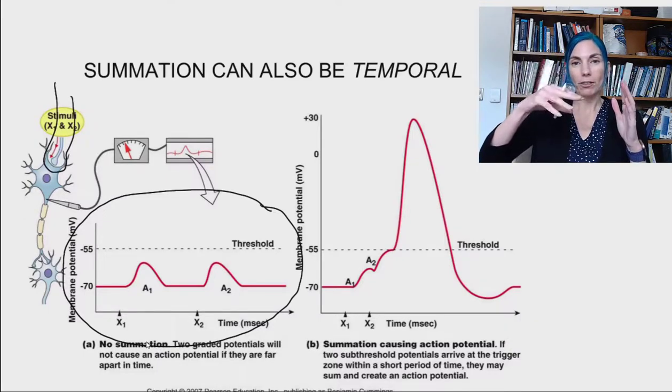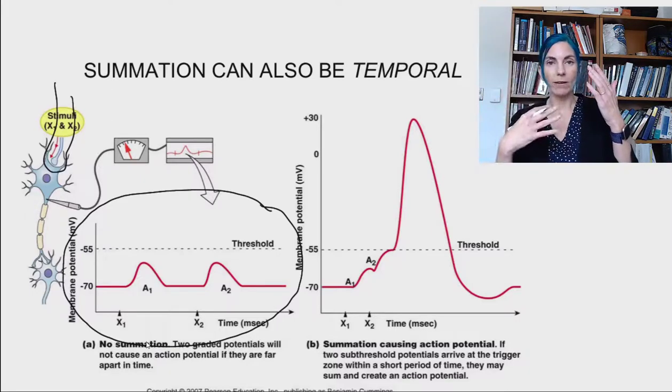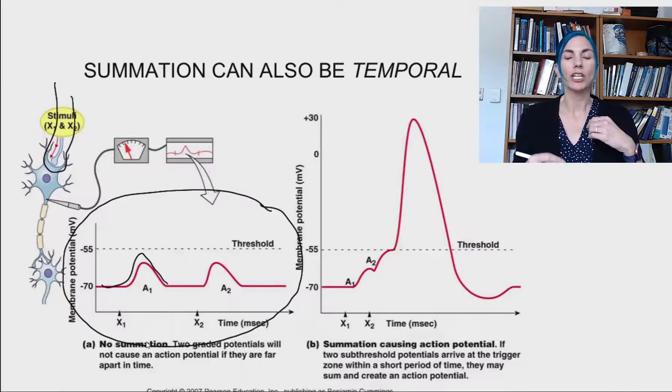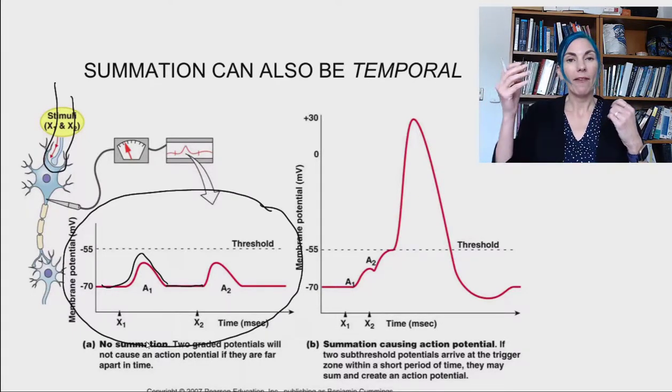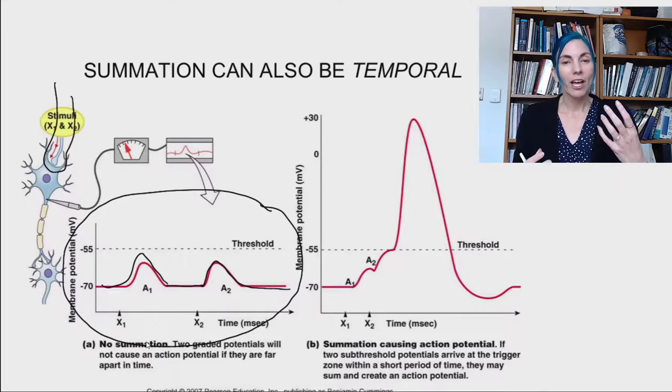So it fires a neurotransmitter, and that brings in sodium to the postsynaptic cell, and you get this little blip here of depolarization, but it rapidly dissipates, and then you return to rest. And then the presynaptic neuron fires again, and you get a little blip here, and then we return to rest.